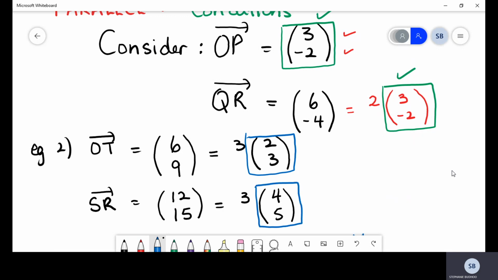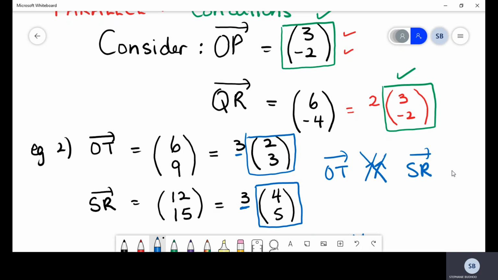Therefore, in this case, even after simplifying our vectors to the lowest form, we have found that the vector OT is not parallel to the vector SR. So for two vectors to be parallel, they must definitely have a commonality within those brackets, which is the vector part, and written outside these values they are just scalar multiples of that vector.